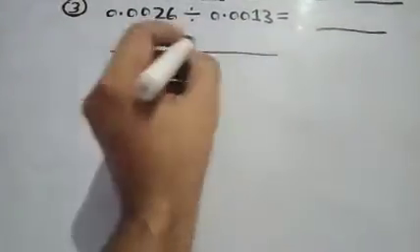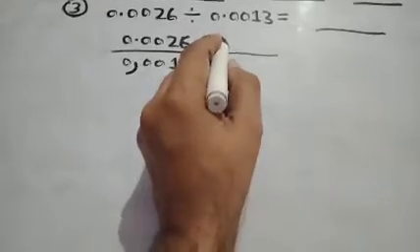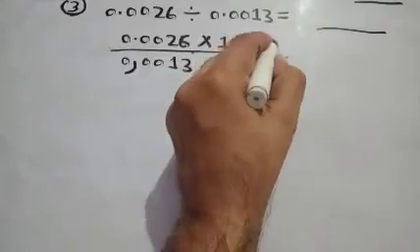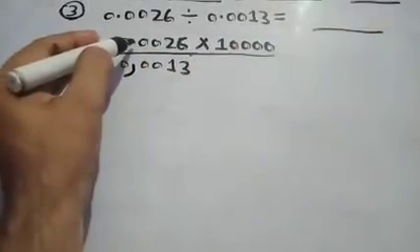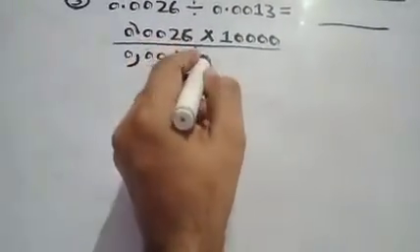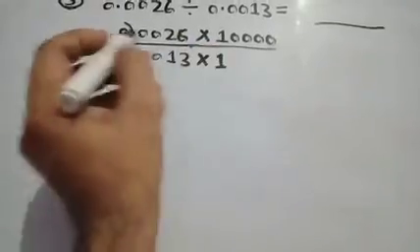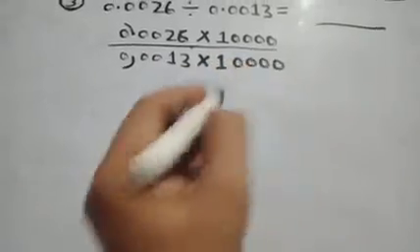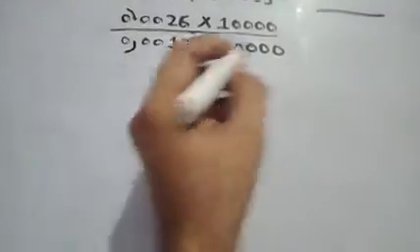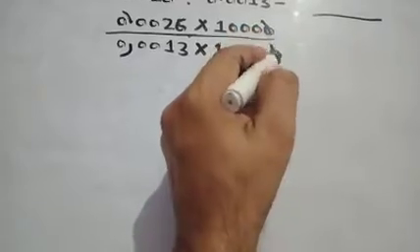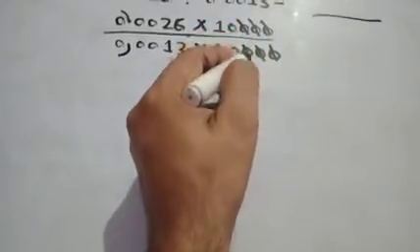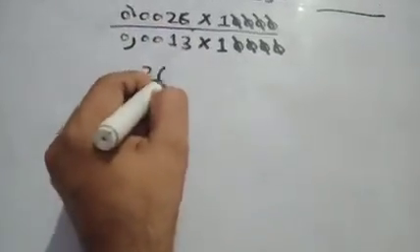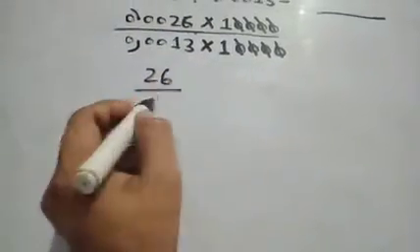Now skip the decimal and multiply on top by 10,000, and skip the decimal from the numerator, then multiply in the denominator by 10,000. Then the result is, now cancel 0 with 0, 0 with 0, 0 with 0, 0 with 0.